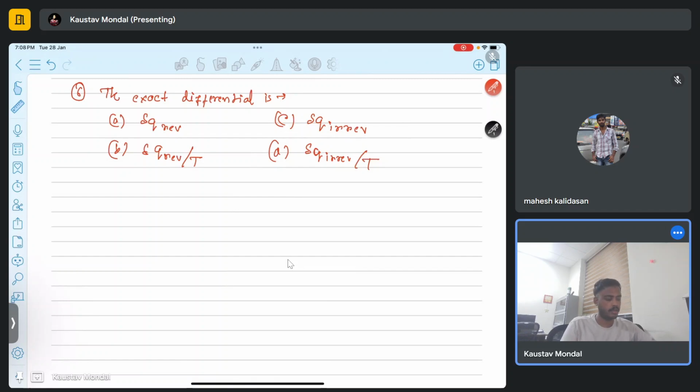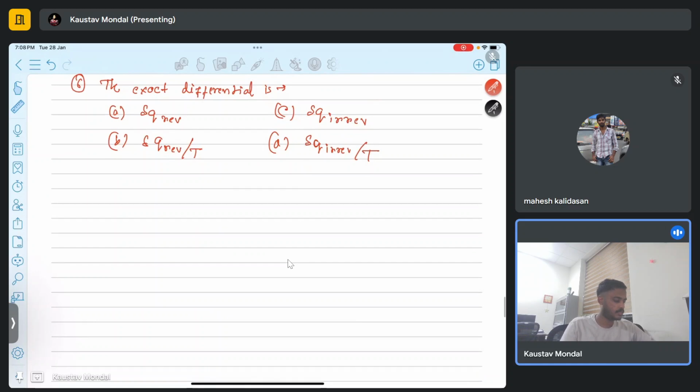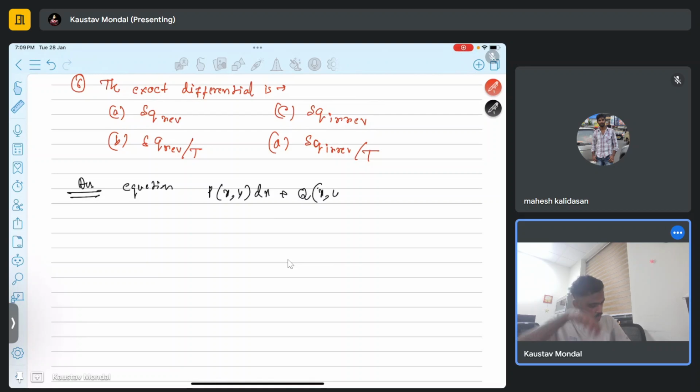How can you characterize the exact differential form? Let's take an equation, suppose P(x,y) dx plus Q(x,y) dy equal to 0.